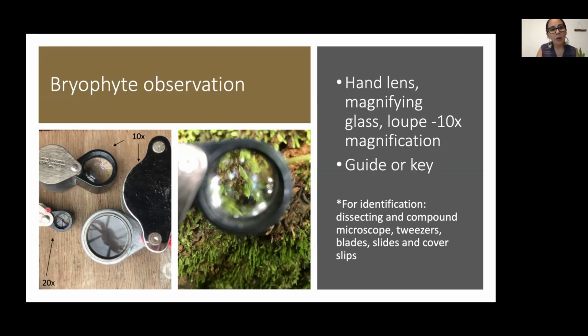But that one is really not that necessary. I barely use it. I mostly use the 10x. Another thing you have to make sure is that you have enough light. Some hand lenses come with an extra light that you can put in them, and you can see the area better. Okay, next slide.